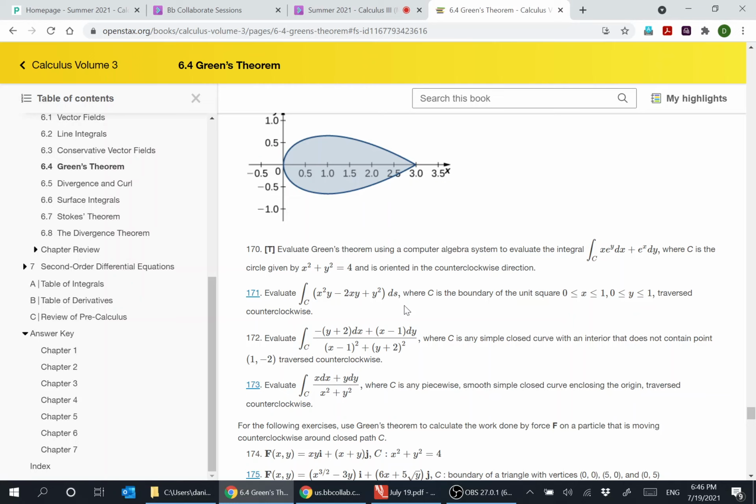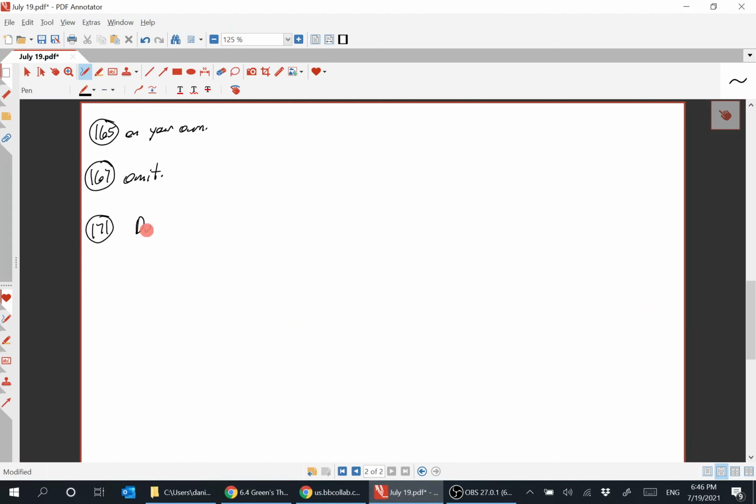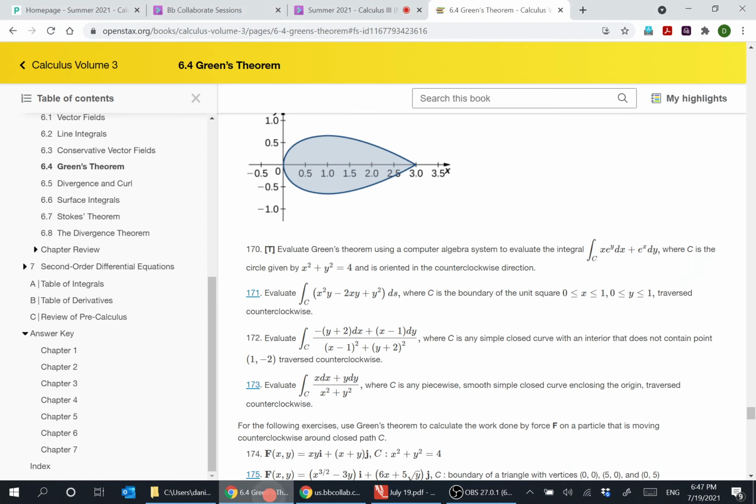So number 171, it doesn't use Green's theorem because it is a scalar line integral. So we'll just leave that one out.